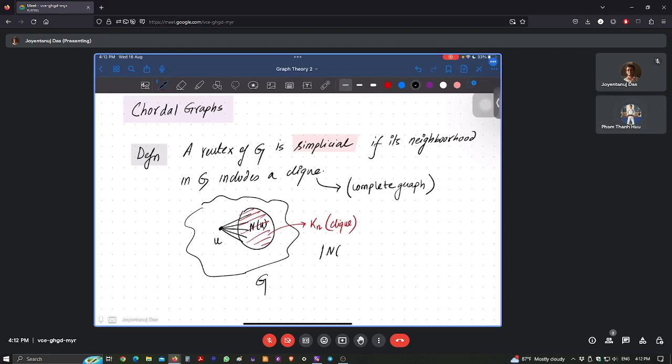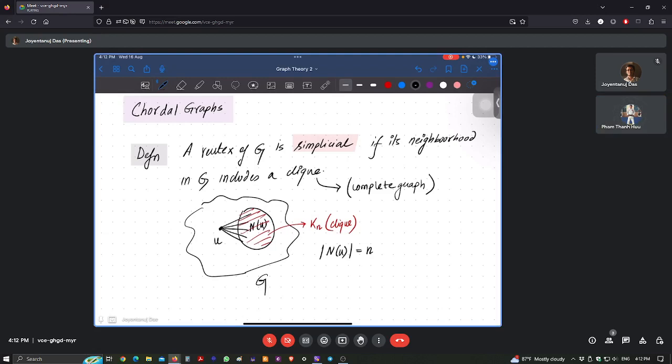The size of the neighborhood is n, and it forms a clique. Then we say that this vertex u is simplicial. The bigger graph is something else, but if we restrict to the neighborhood, it is a clique.